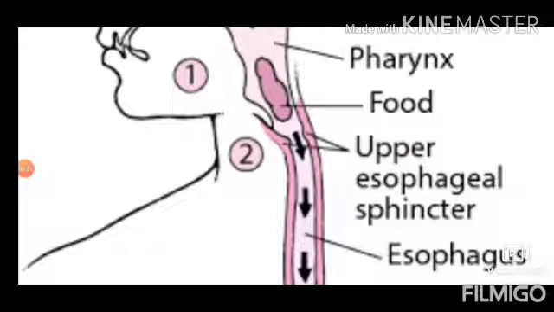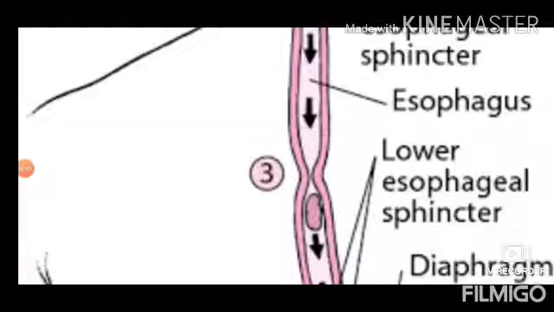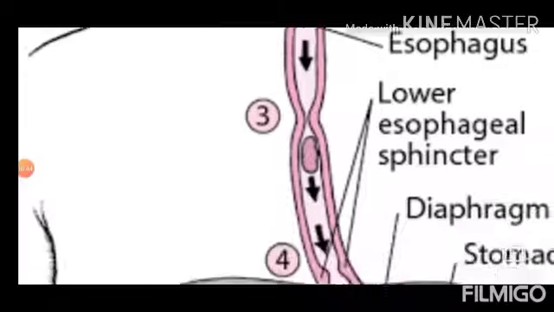Then comes the upper esophageal sphincter, which moves the food by propelling movement towards the stomach. The total pipe is called the esophagus, and the next part is the lower esophageal sphincter.